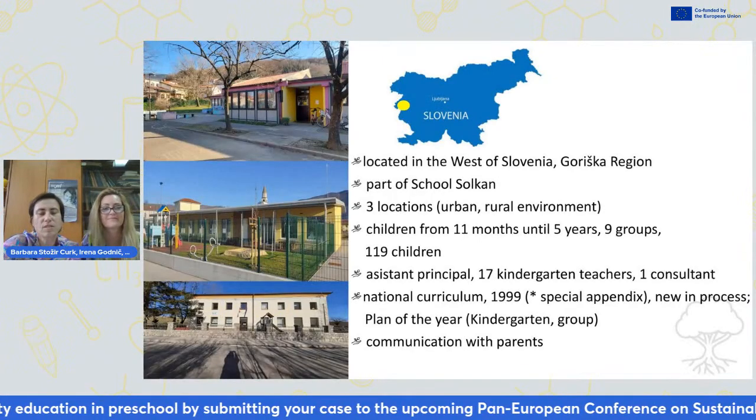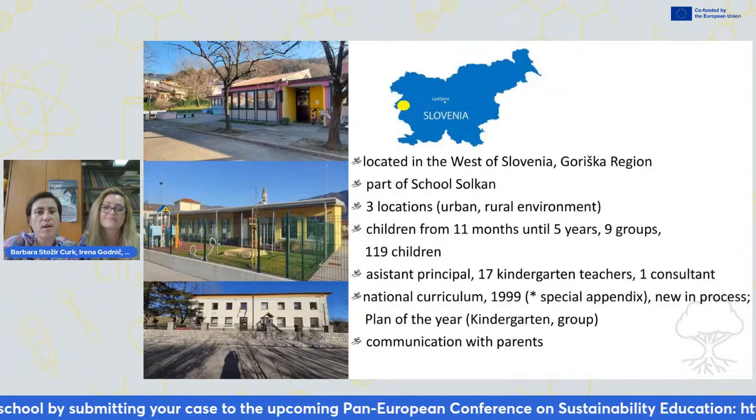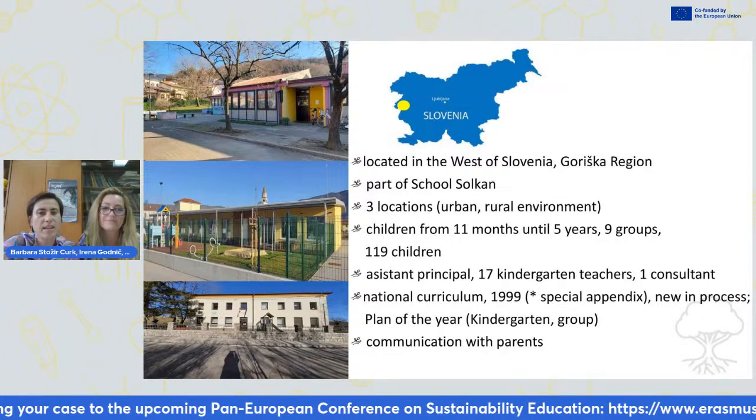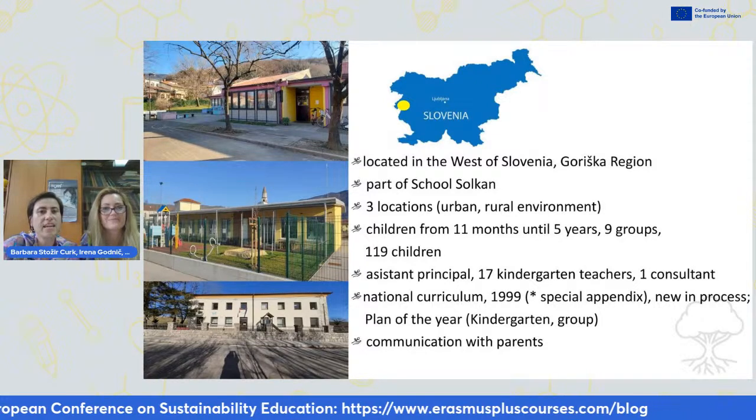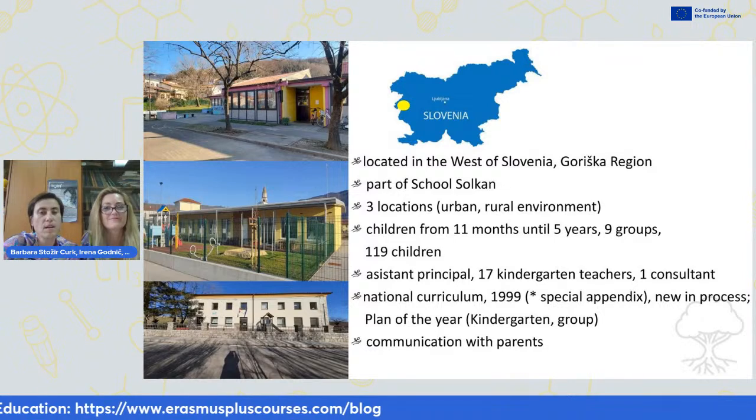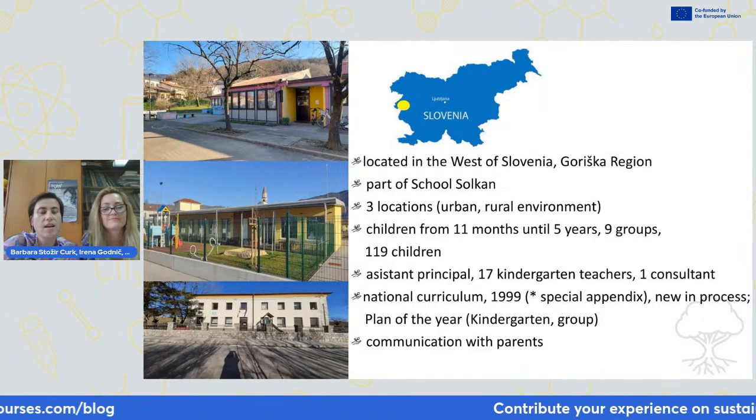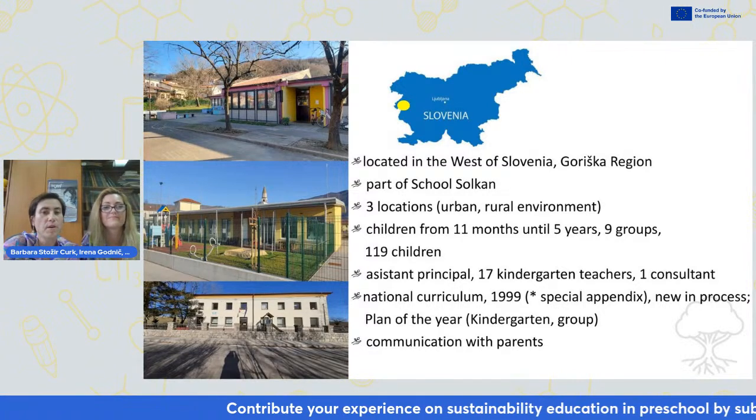First of all, some information about our kindergarten. We are located in the west of Slovenia, really near Italy, and we are a part of school Solkan. We are the same organization, located in 3 locations, in urban and rural environments.